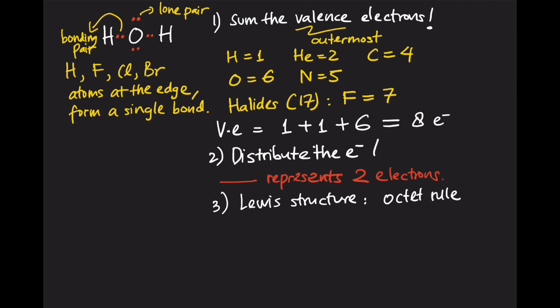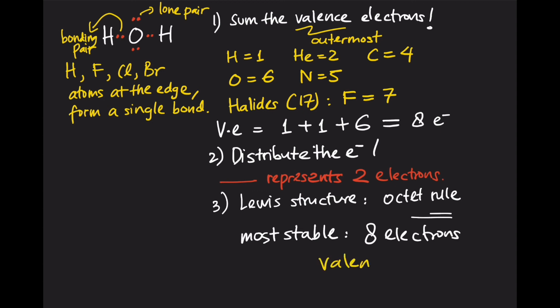The octet rule says that the most stable state of an atom should have 8 electrons, because 8 electrons is actually the valence of the noble gases. And as we know, noble gases are some of the most stable elements in nature.